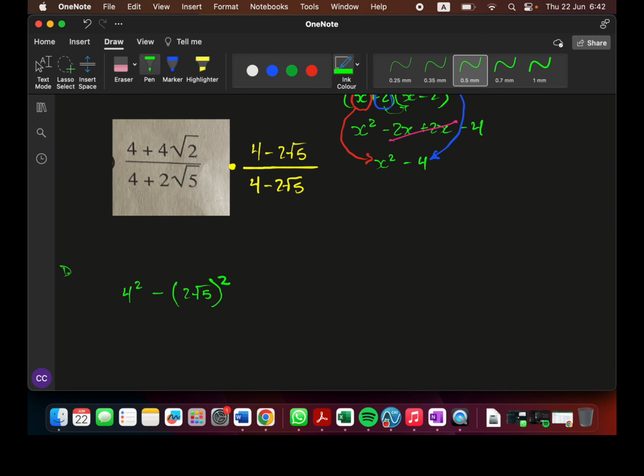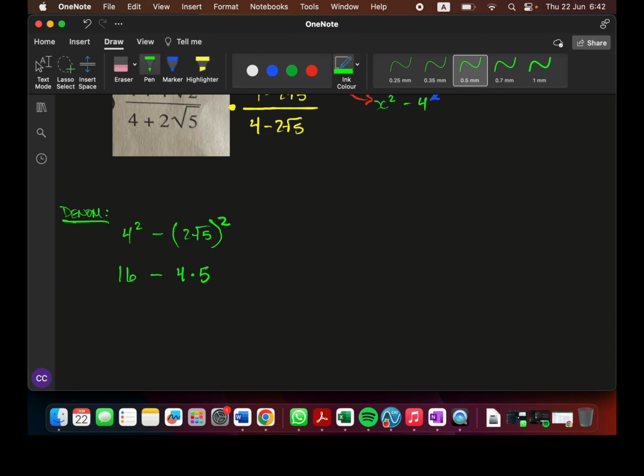That turns into 16 minus, well, 2 squared is 4, and the square root of 5 squared is 5. So that's going to be 16 minus 20, or negative 4. So this is definitely what my denominator is, and at the end of this, we're going to end up dividing everything by negative 4.